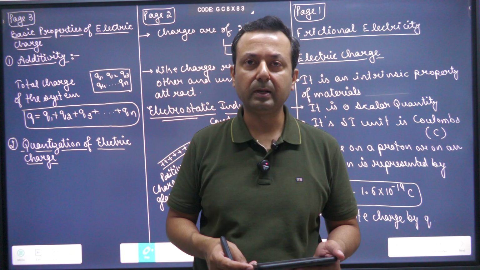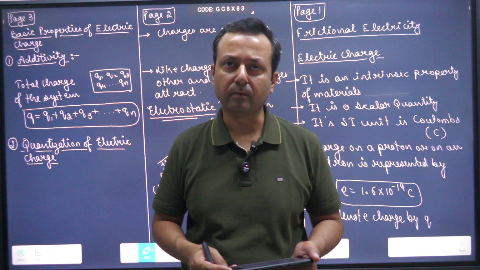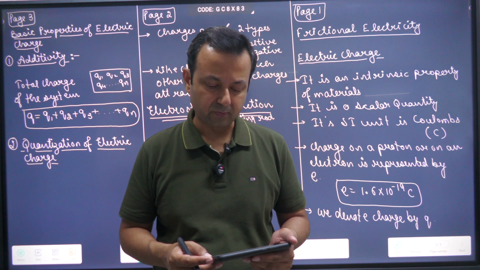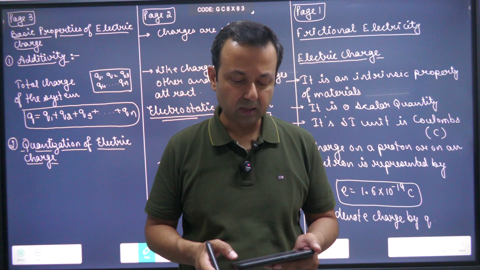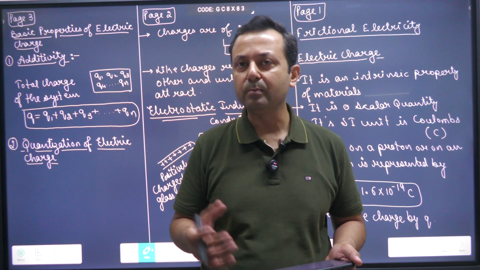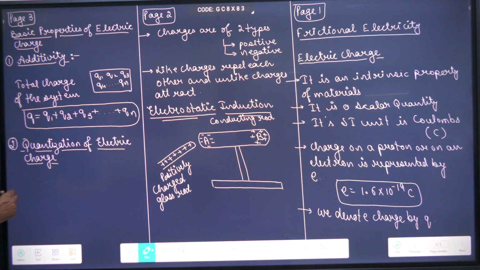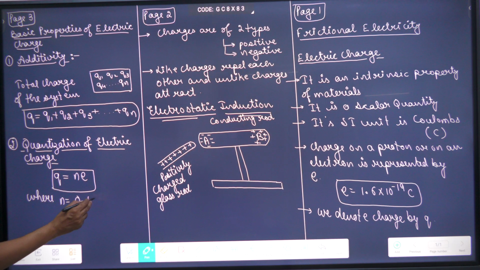I am reading property number 2 on page number 4 of the notes. The quantization of electric charge means that the total charge Q of a body is always an integral multiple of a basic quantum, meaning packet, of charge. That is, Q is equal to N multiplied by E, where N is equal to 0, plus minus 1, plus minus 2, like this.